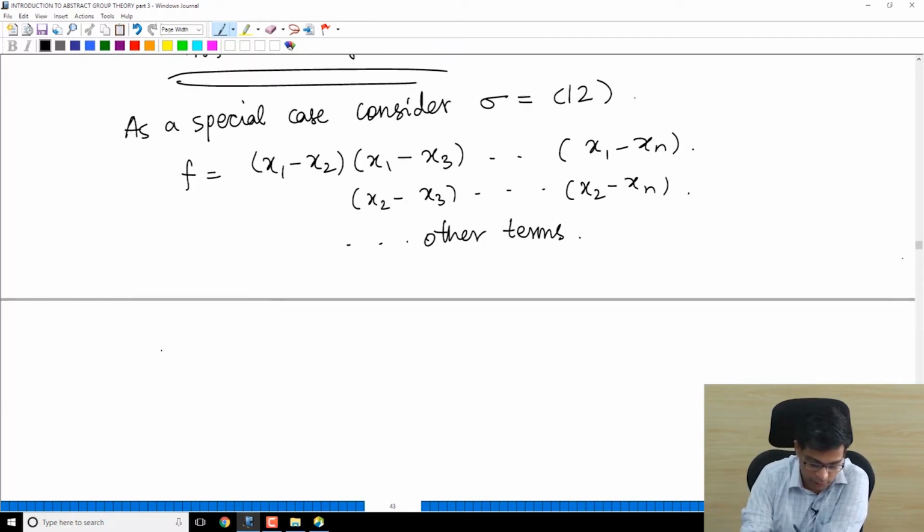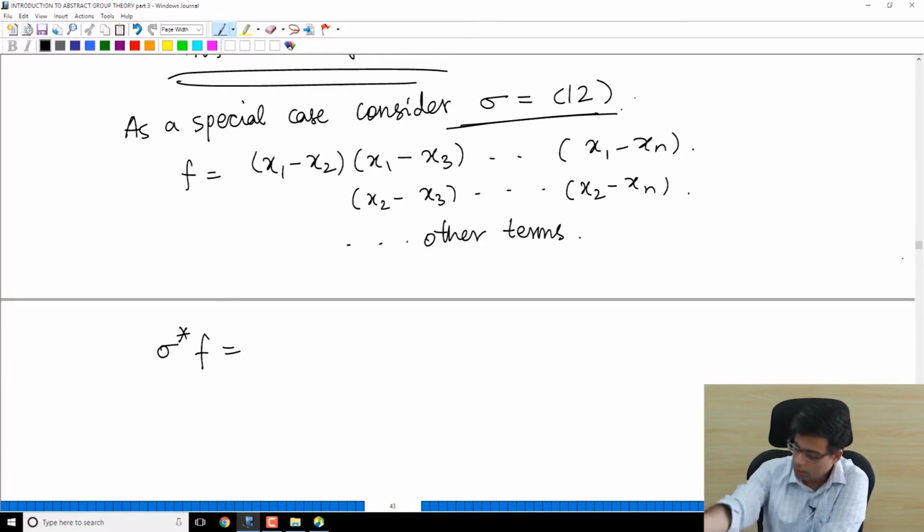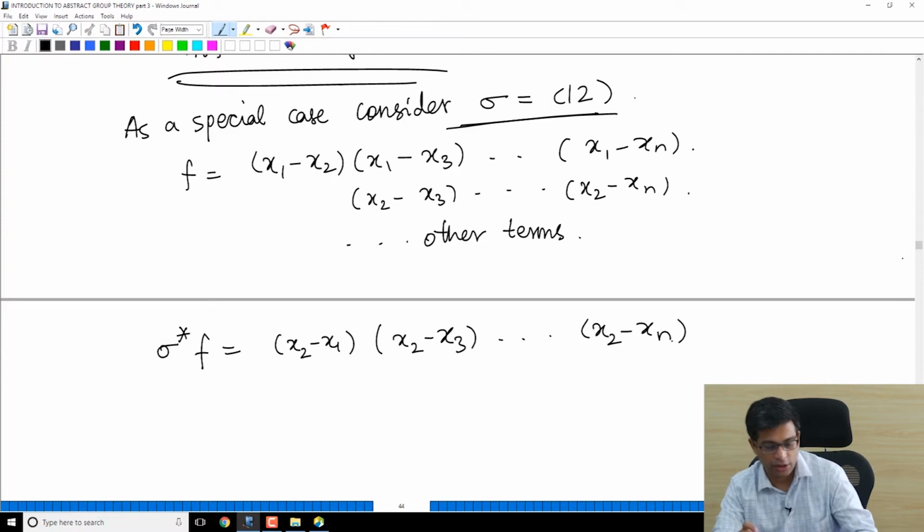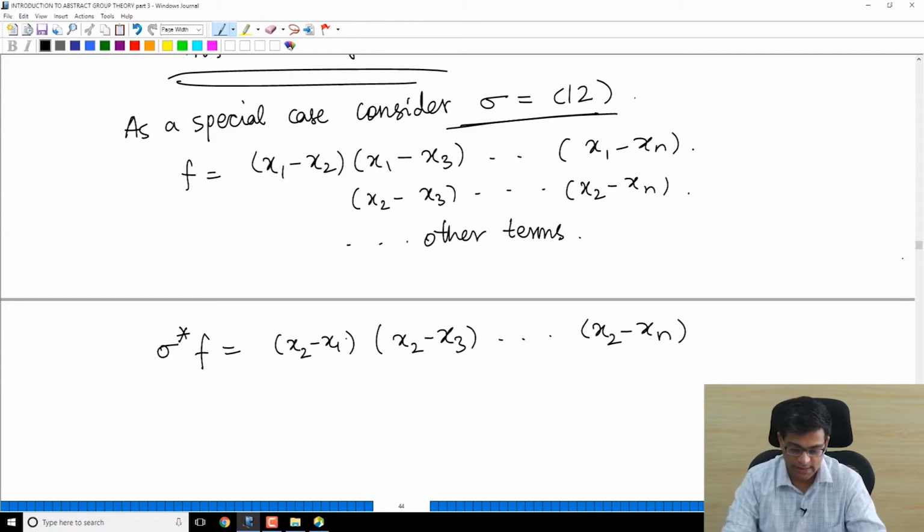So now what is sigma star f? Sigma is (1 2). I am only interested in 1 and 2. Sigma star of f will be: all these first few terms will change now. So it will be x2 minus x1, right? Then x2 minus x3 up to x2 minus xn. Because 1 and 2 are interchanged, the first term becomes x2 minus x1. In the second term, 1 becomes 2, so x1 becomes x2, and x3 is fixed, so x2 minus x3, x2 minus x4, and then x1 minus xn becomes x2 minus xn.